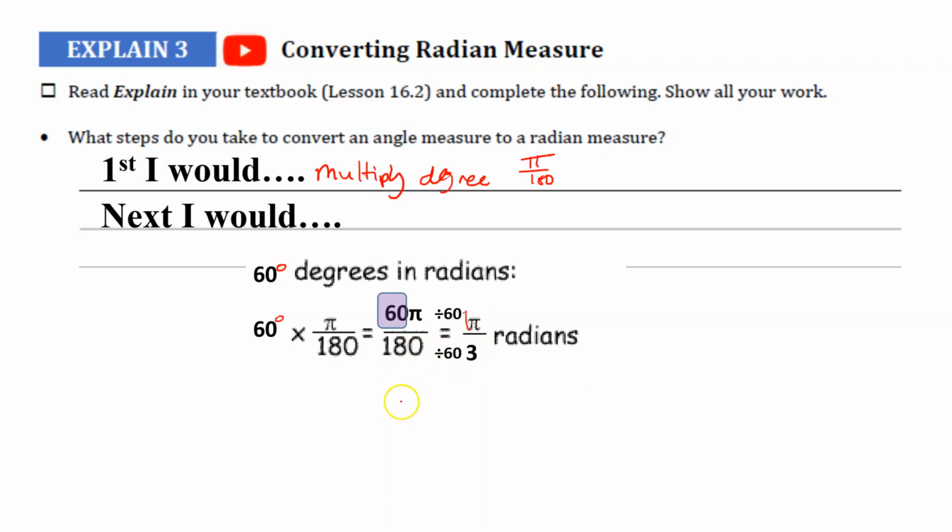So essentially I'm just reducing. Some students ask, how did you know it was going to be 60? So let's say if I wanted to reduce the long way, let's say I cut it in half. That would be 30 and 90. Let's say I want to cut it in half again. That would be 15 and 45. I can't cut it in half again, but I could divide by 5.